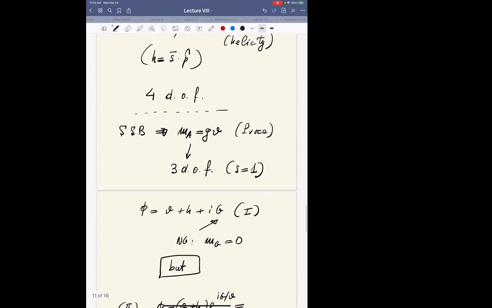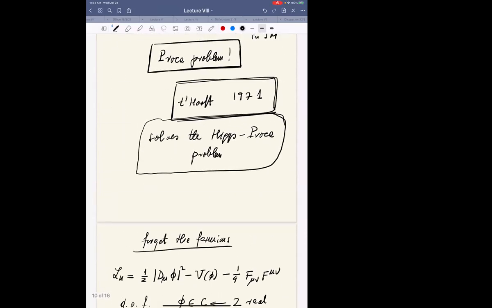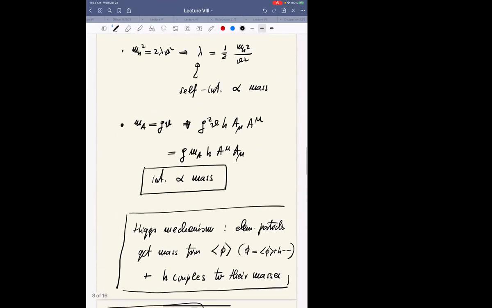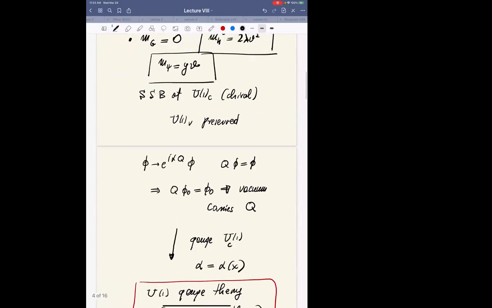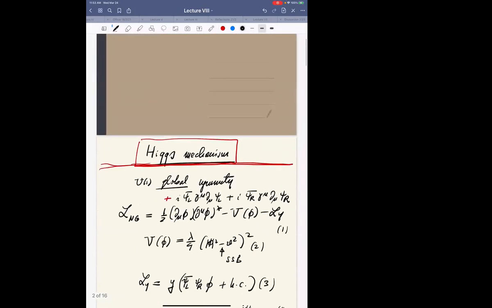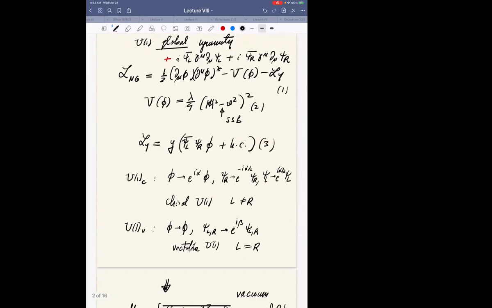Potential doesn't care. Look at the potential. Potential doesn't give a damn whether you're global or local. It's one and the same potential, of course. There are no derivatives in the potential, therefore you cannot know that the symmetry is global or local.